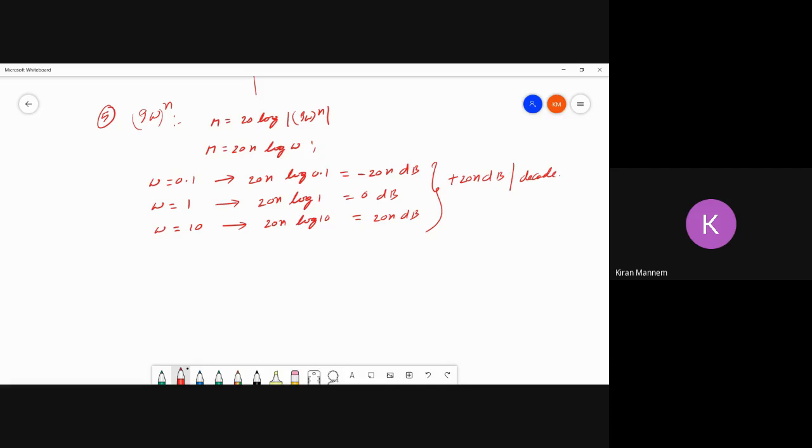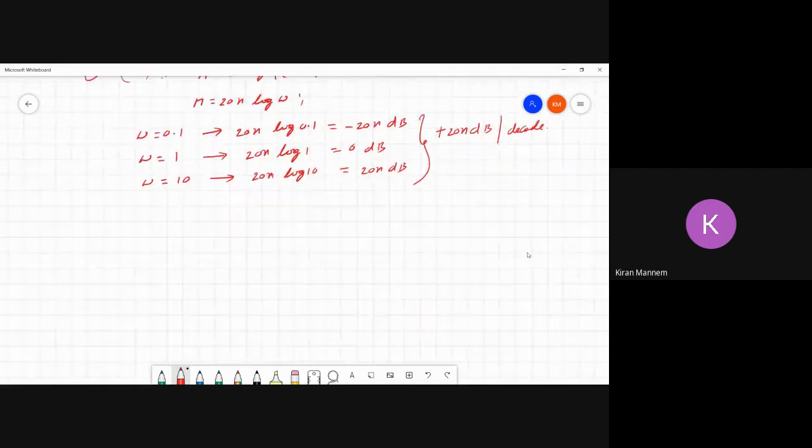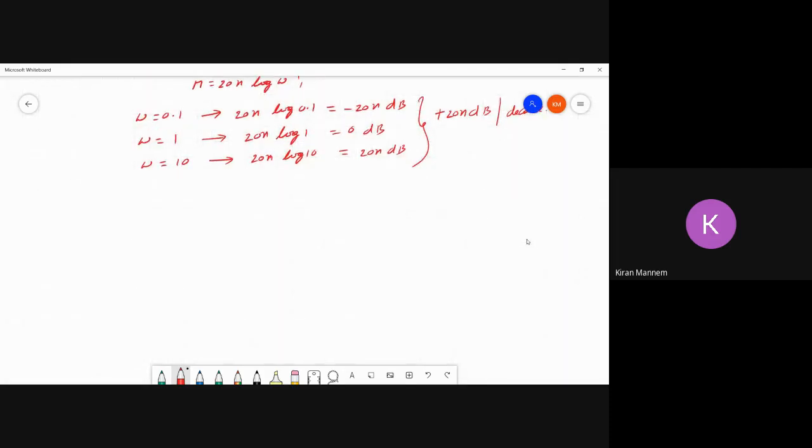So let us draw this. First draw the magnitude plot with log of omega, magnitude in dB.